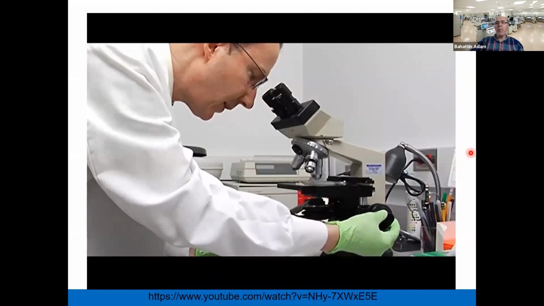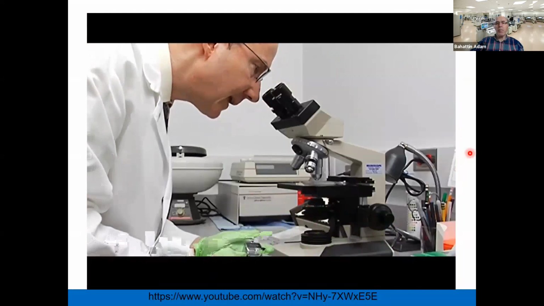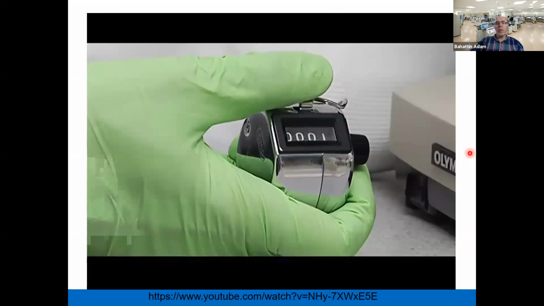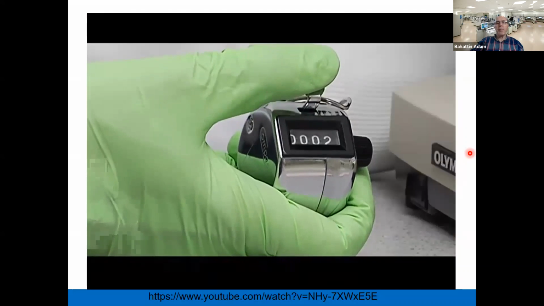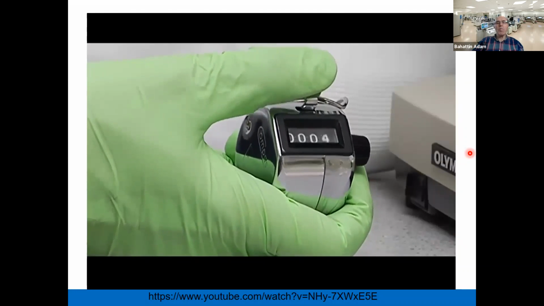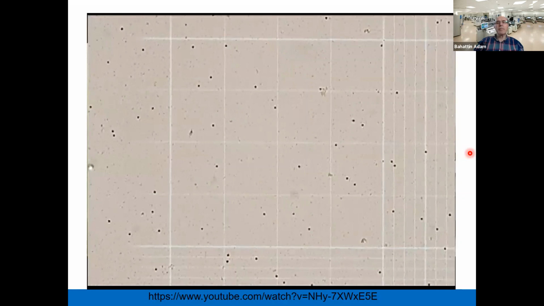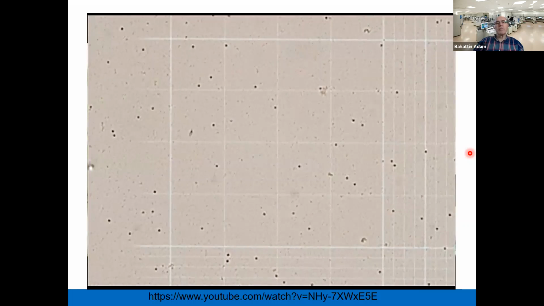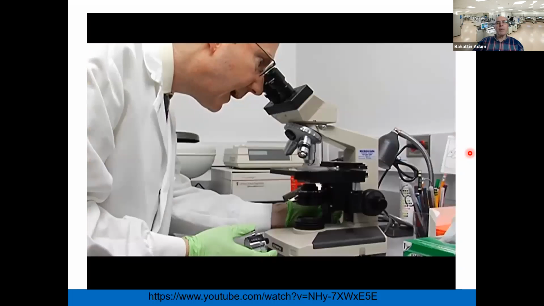Then as you count the cells, you'll keep track of them on a hand tally like this. And you probably need to fine focus as you count. They'll show up as dark or bright little spots in the hemocytometer.